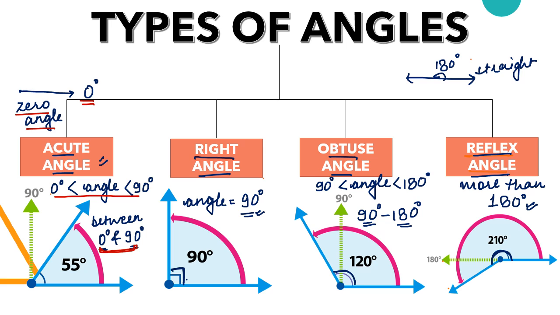Then we have right angle, which measures exactly 90 degrees. Then obtuse angle, which measures more than 90 degrees and less than 180 degrees. Then we have straight angle, which measures 180 degrees, and after that we have reflex angle, which measures more than 180 degrees.